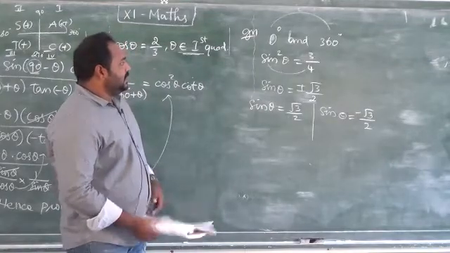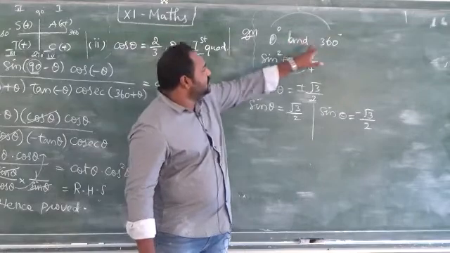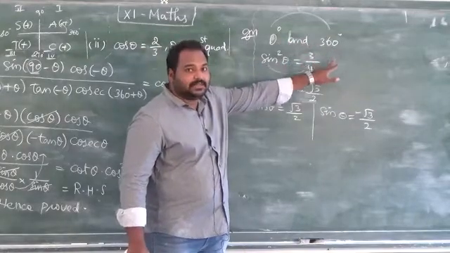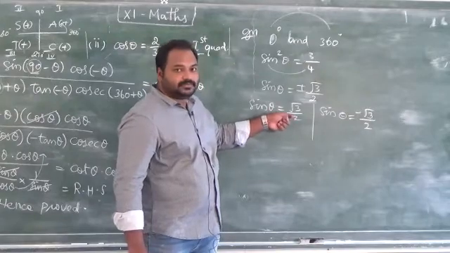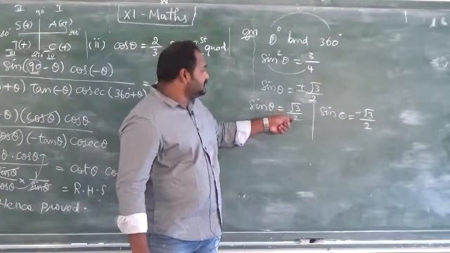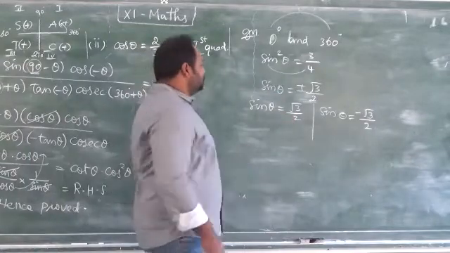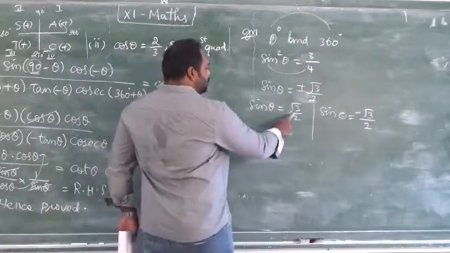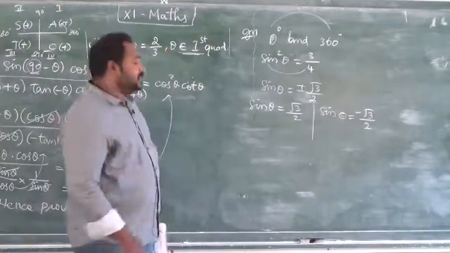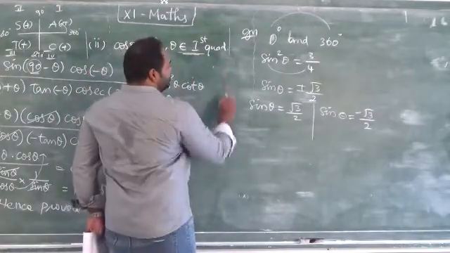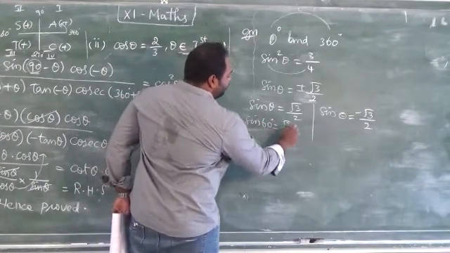Let me check which angles between 0 degree and 360 degree satisfy these values. We know that sin 60 degree value is root 3 by 2.